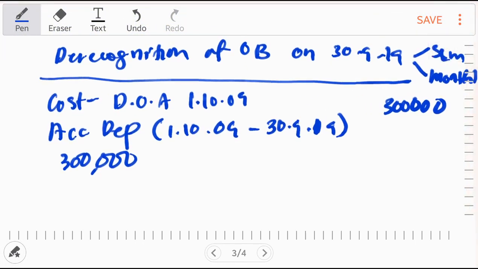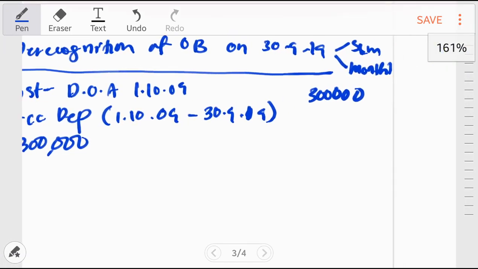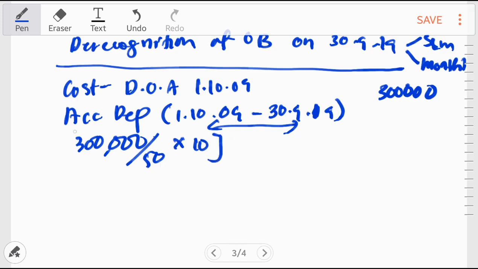Sorry for the disturbance. You divide by 50, and this period here is 10 years, so times 10. You'll get 60,000.